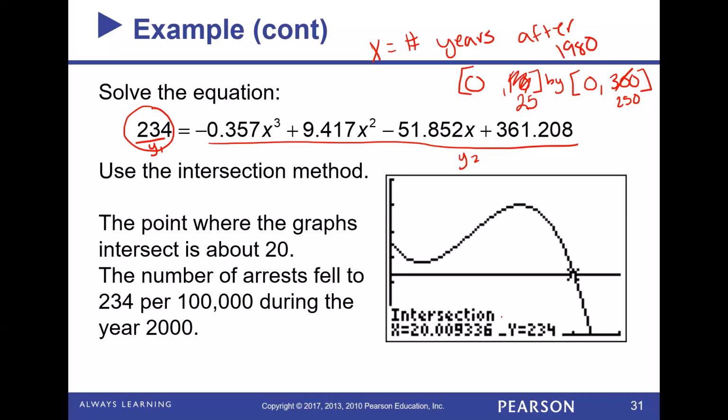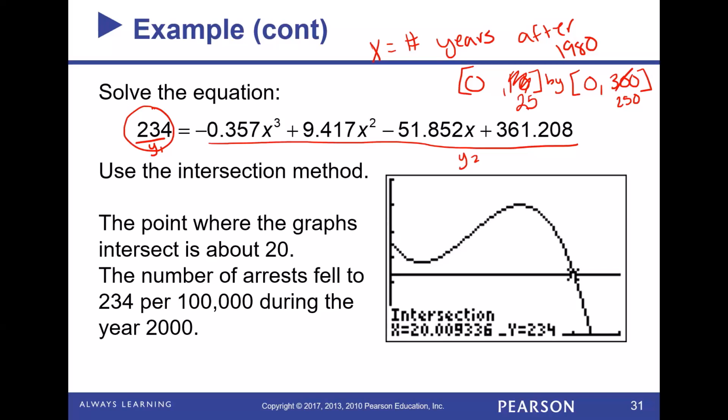So it's during the year 2000 that the arrests will fall to 234 per 100,000. Okay, ladies and gentlemen, that is everything for chapter 6 that we will get through. So remind yourself of all the different methods that we just learned. Be aware that yes, this stuff does get a little bit more complicated if you have a lot more to the polynomial.